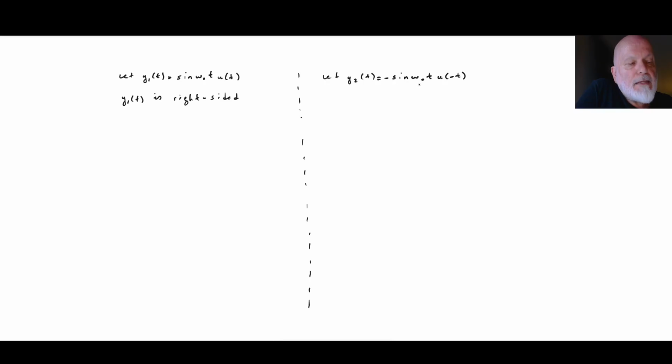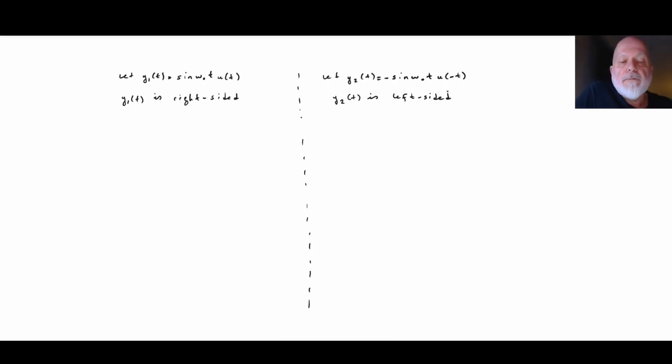Okay, minus sine omega 0 t multiplied by the signal u of minus t. So y2 of t is left-sided. Okay. Now we can, of course, do the following.